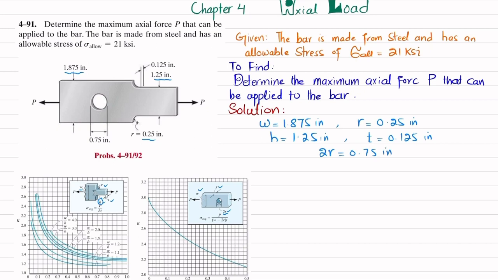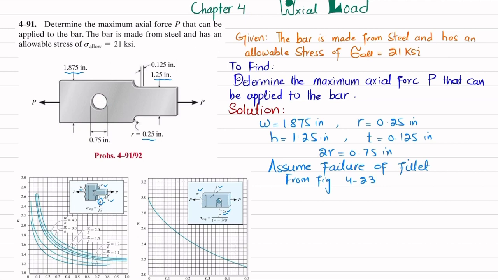So we will start from the fillet. I will write: assume failure of fillet. So we will find the stress concentration factor. For the fillet we will need figure 4-23.